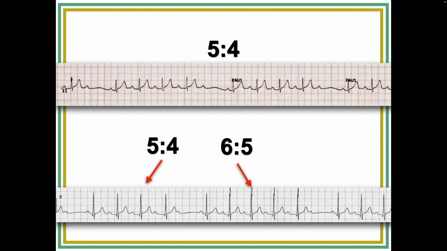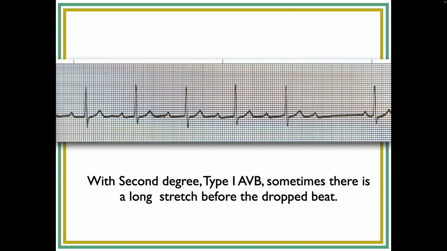Now, with second degree type 1 AV block, sometimes there is a really long stretch before the dropped beat. In fact, we're really not entirely sure that this is the first one, because we can't see what's ahead. But here we have a really long one, 1, 2, 3, 4, 5, 6.